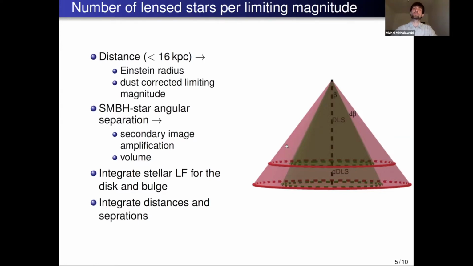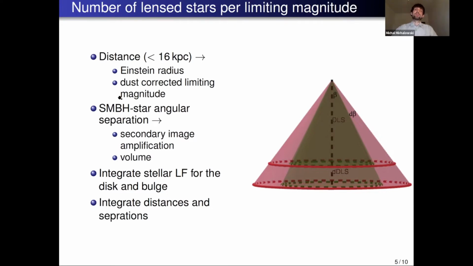So the angular separation from the black hole gives you the amplification of the secondary image, because obviously in order to do this, you need to detect both the primary lensing image, but also the secondary lensing image, because if you just detect the primary, then you don't know that the star is actually lensed. So we considered only secondary image amplification. And also this angular separation gives you the volume, which is probed.